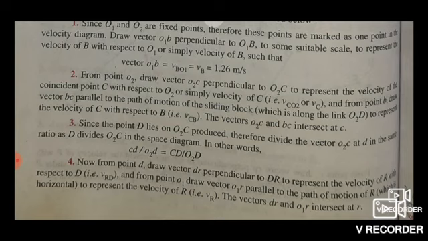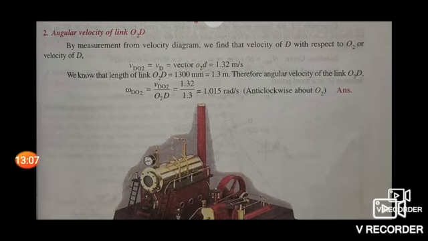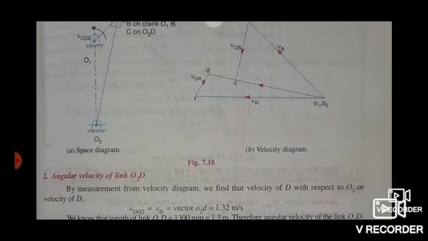Now, second point, angular velocity of link O2D. By measurement from the velocity diagram, we find that the velocity of D with respect to O2, or velocity of D, V_DO2 equals V_D equals vector O2d, 1.32 meter per second.